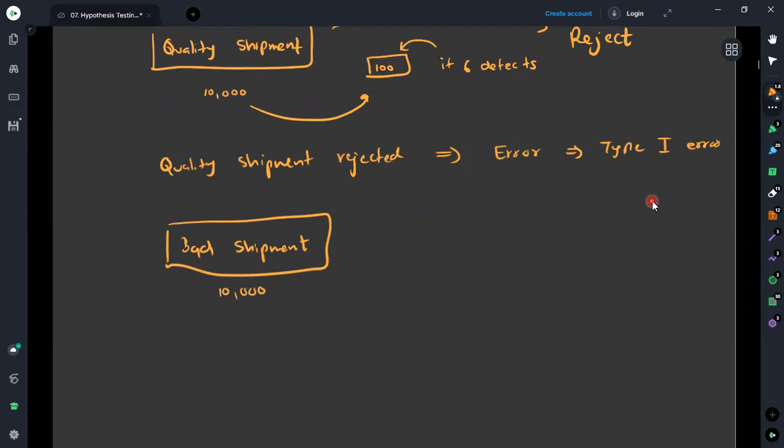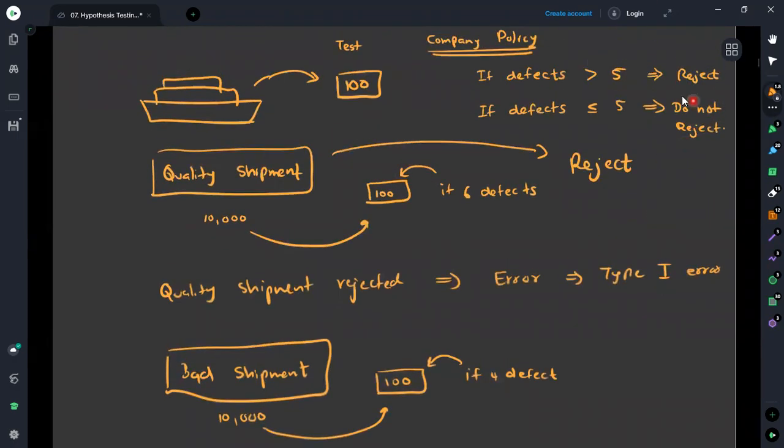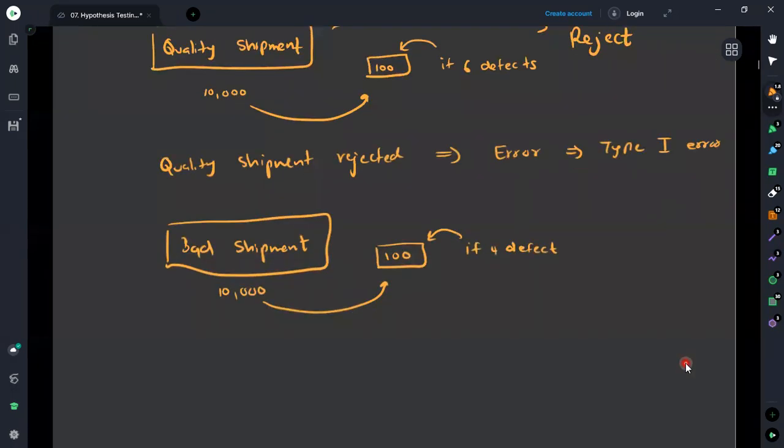But even though it is a bad shipment, for the sample that they have selected, 100, suppose that they have found only 4 defects from these 100 items. Then according to the policy rule, they fail to reject. Then this is failed to reject.